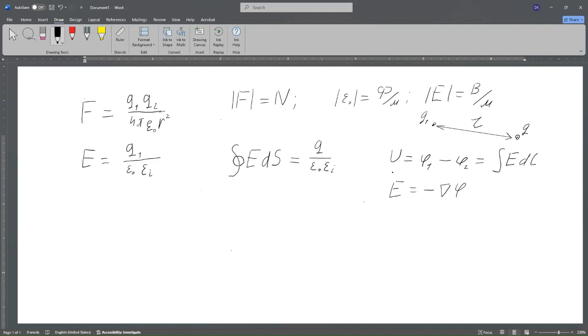It is another form of describing electrical field tension.